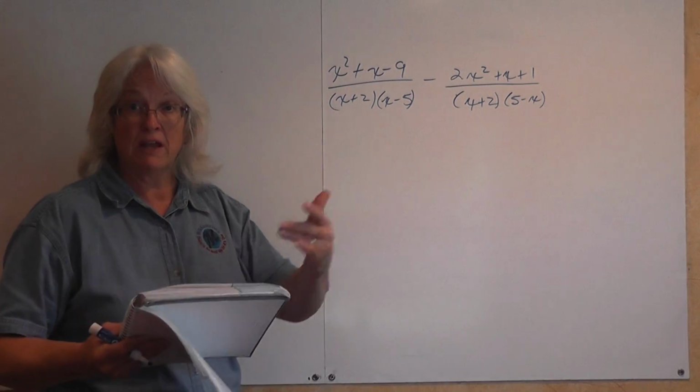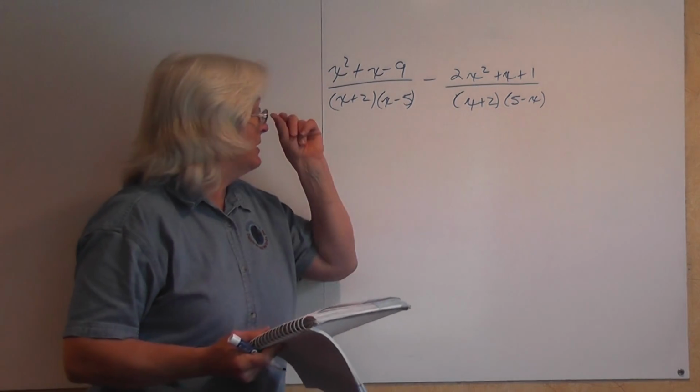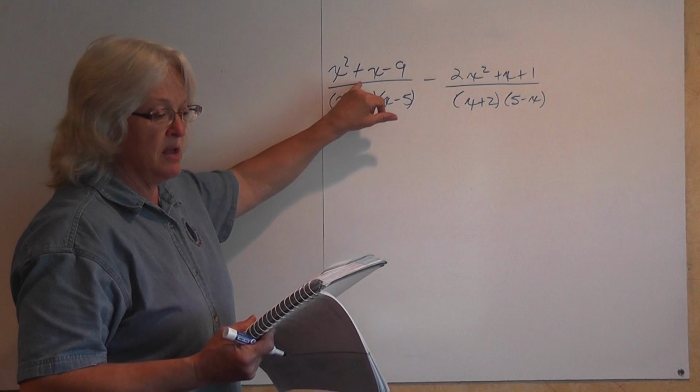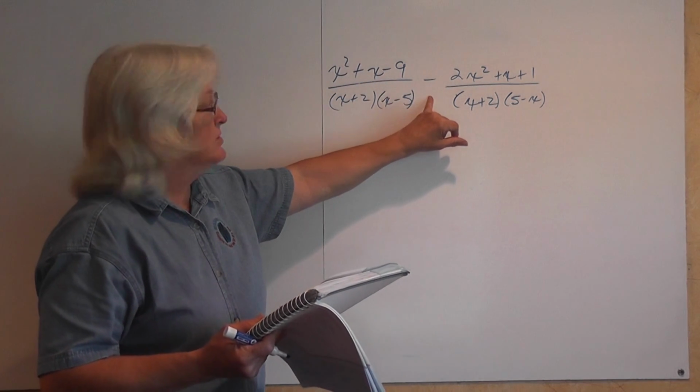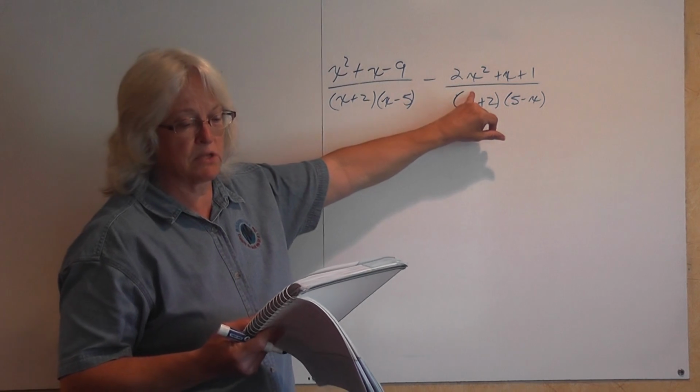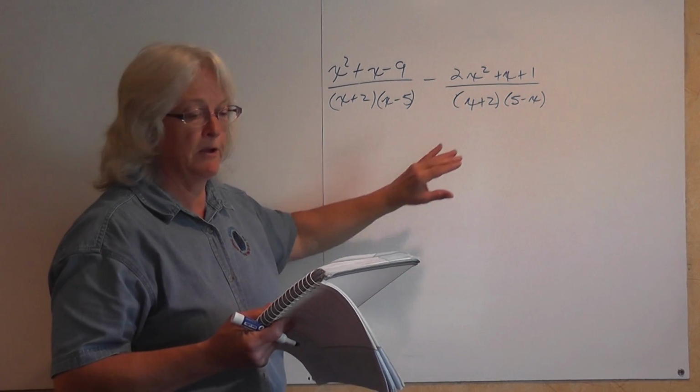Pretty close here, but I'm going to take a second and make sure I've copied everything correctly. x squared plus x minus 9. We're subtracting a trinomial, 2x squared plus x plus 1.